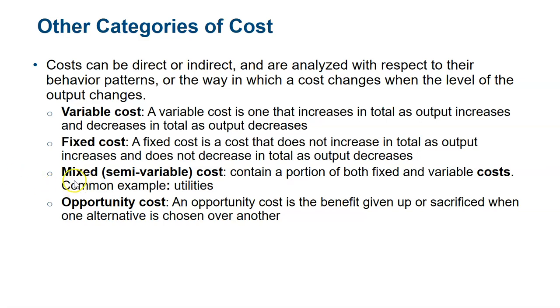We also have what we call mixed or semi-variable costs, and these contain a portion that is both fixed and variable. And they give us the example of utilities. So, I am originally from a very warm weather climate, but in the wintertime it would get at least a little bit cold. I had a store down there, and in the summer months I didn't really have any use for gas as an energy source.